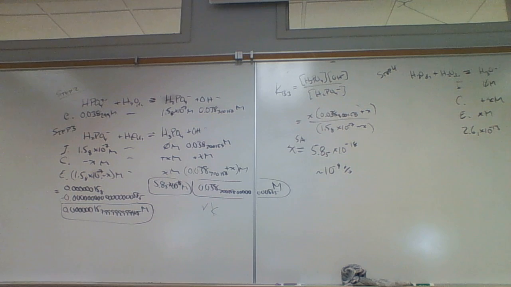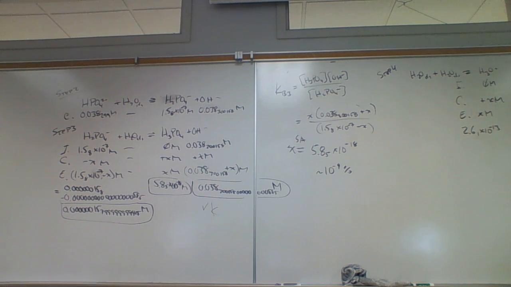When do you know it's okay to stop at step 1 versus step 2? Yeah, when there's not that big of a K value. Like for example, if step 2 had a K value of 10 to the minus 7, would you bother doing step 2?